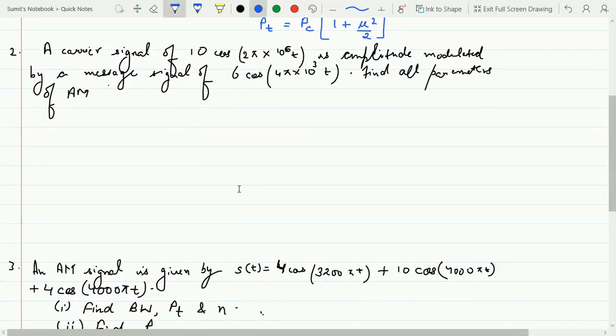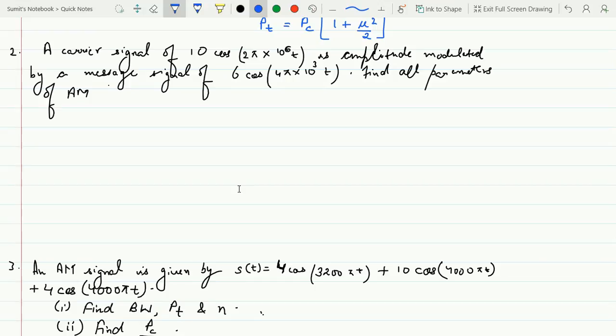This question says a carrier signal 10 cos 2 pi into 10 to the power 6 t is amplitude modulated by a message signal 6 cos 4 pi into 10 power 3 t. Find all the parameters of AM. Simply, it is asking you to find the bandwidth, the power, and the efficiency. Those are the 3 parameters that we studied today.